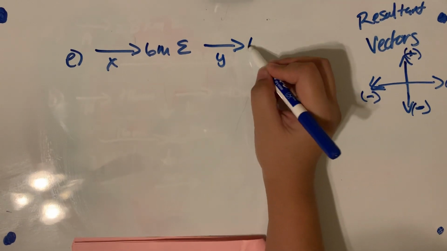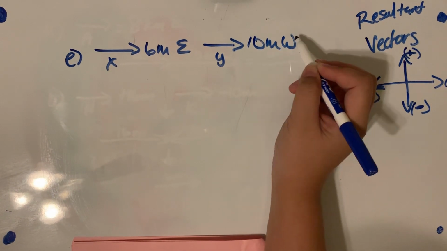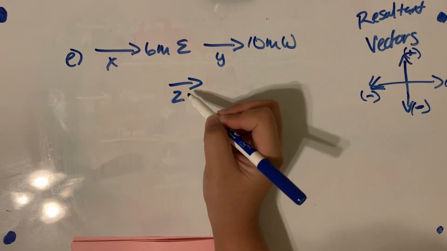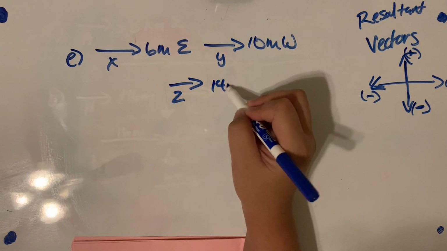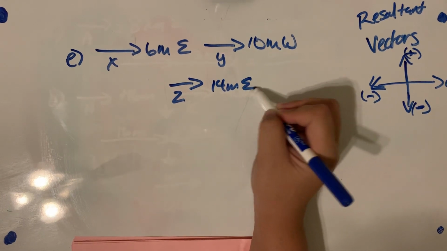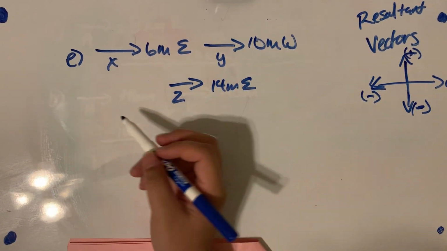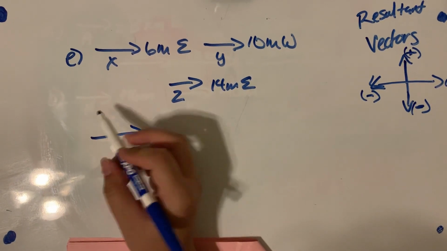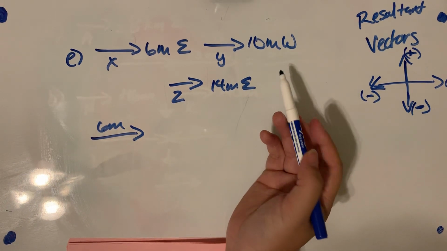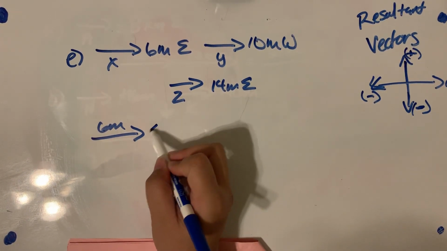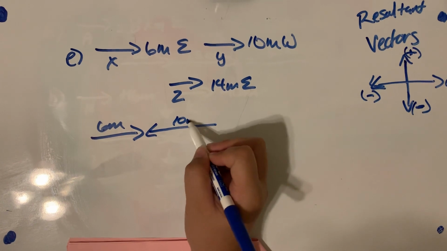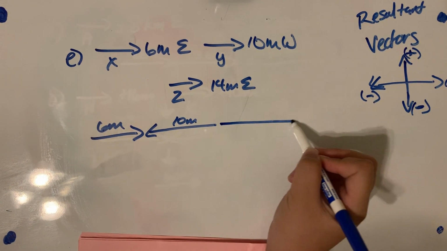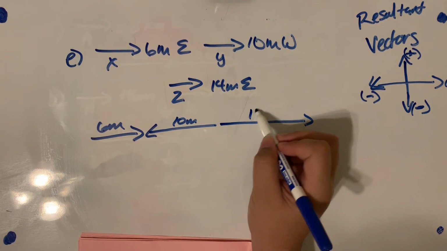Vector Y 10 meters west. And then you have vector Z, where it is 14 meters east. So alphabetical order. 6. I went west 10. And east 14.